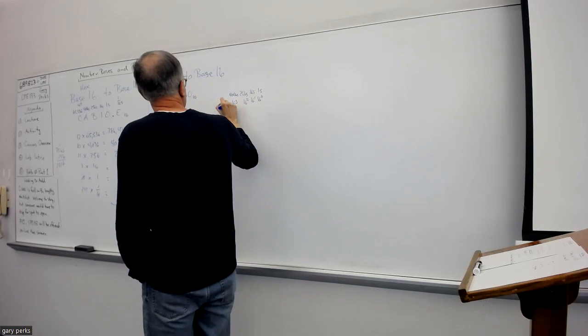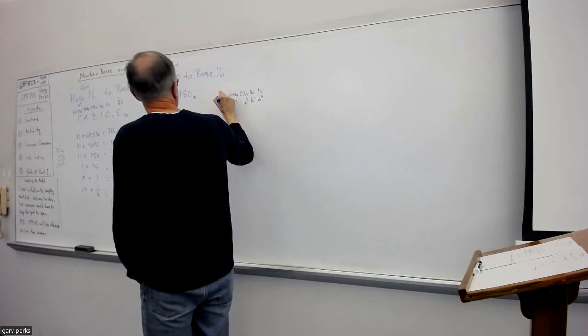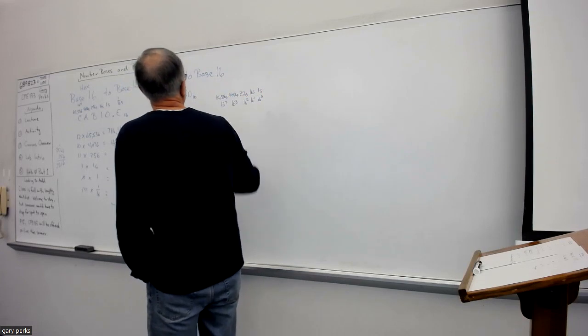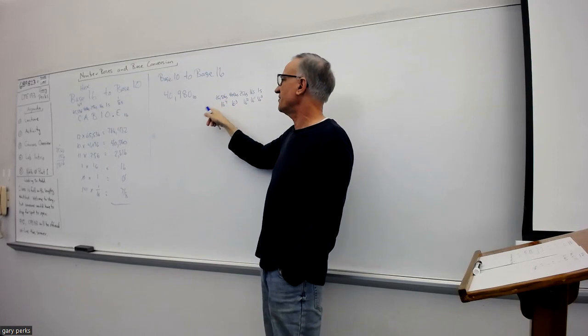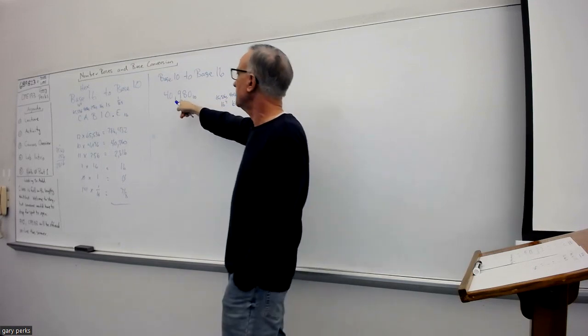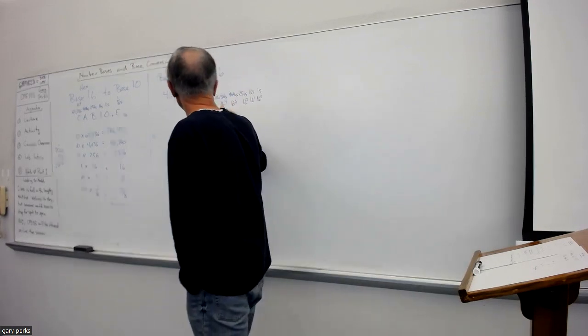And then 16 to the 4th, that's the 65,536. I would stop there because I know there's no 65,536 in 40,980, so that would just be 0.